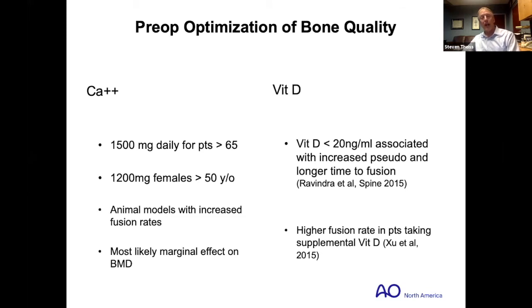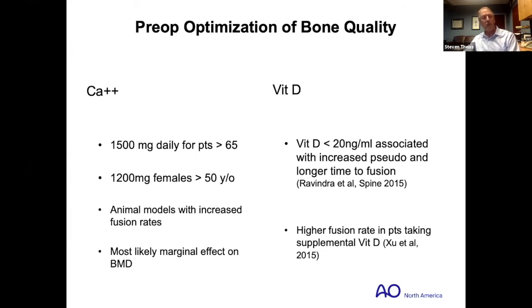There's two studies that I'm going to highlight here. One is by Ravindra in 2015. He did a prospective study where he took patients that had a wide range of fusion procedures. It was all different regions of the spine, cervical, thoracic, lumbar. They had various types of bone graft. They had various levels fused, but he essentially divided them into patients that had high vitamin D or were vitamin D deficient.